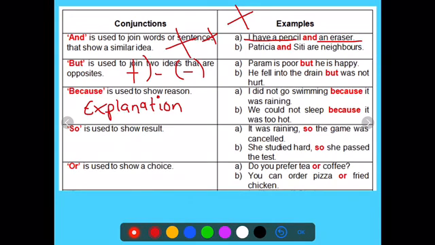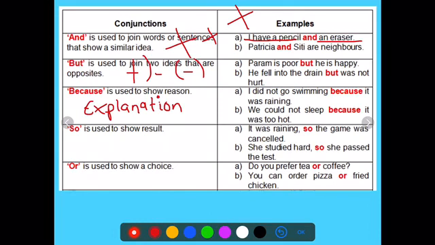So is used to show result. For example, it was raining, so the game was canceled as the result of the rain. Another example is, she studied hard, so she passed the test. She studied hard, so she passed the test.